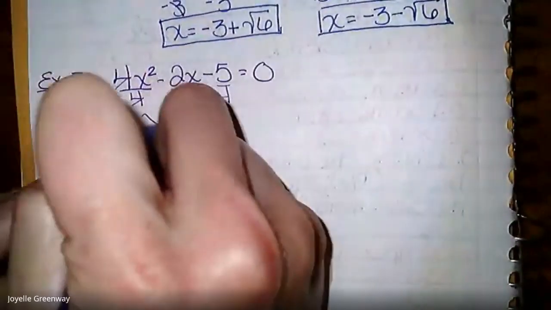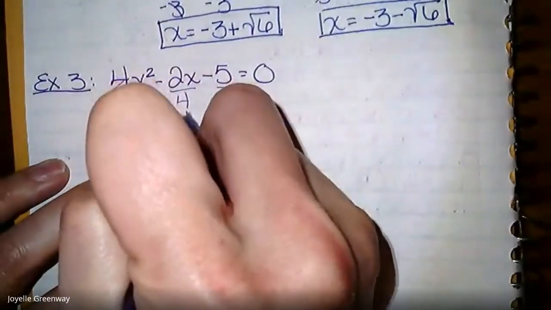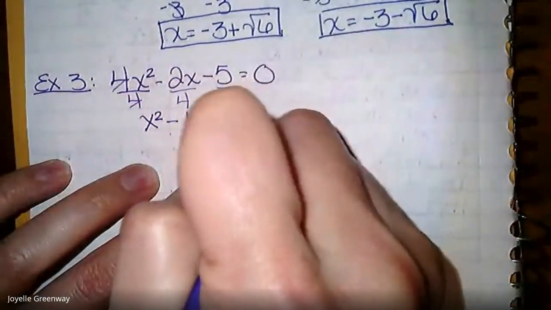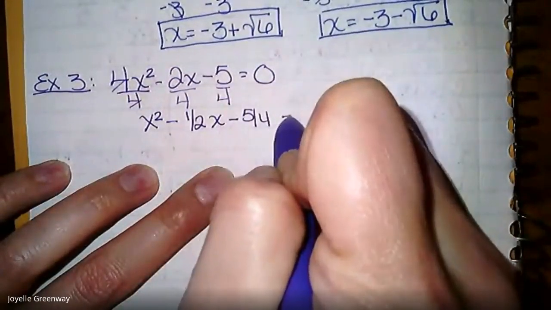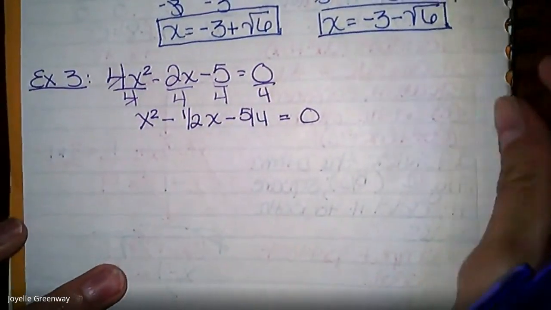So I get x squared minus 2/4 x is 1/2. So 1/2 x minus 5/4, and 0 divided by 4 is 0. Fun! I know. I can hear Hannah saying that out loud as she's watching this video, going, fun.